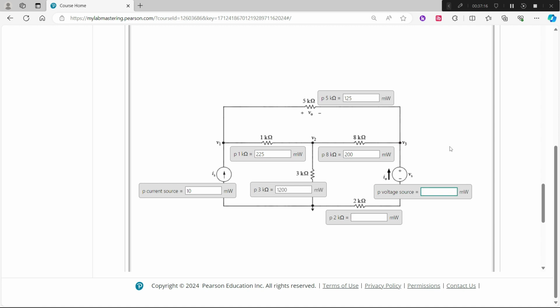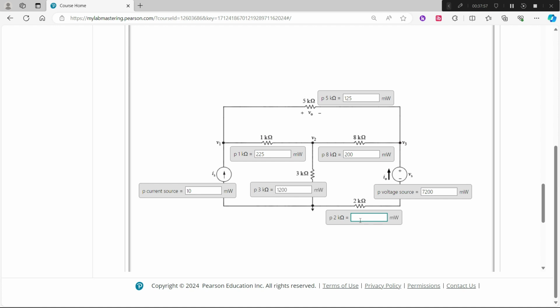P voltage source in milliwatts. We already knew that. The voltage source is 120. Oh, we know the current though, right? Yeah, we do know the current. The current is equal to 0.06, times the voltage source. 7200.